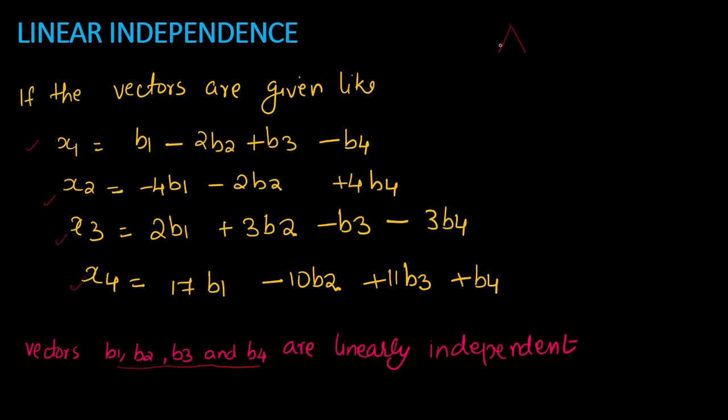And how do we write the matrix A? As we already know, in matrix A every column represents a vector x1, x2, x3 and x4. So in the first column I have to represent the vector x1. How do we represent vector x1? Take the coefficients of these vectors b1, b2, b3, etc. Here the coefficient is 1, so that has to be written here, and here the coefficient is minus 2, and here the coefficients are 1 and minus 1.